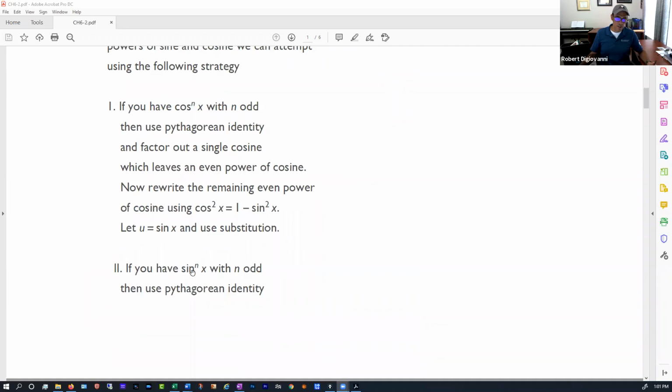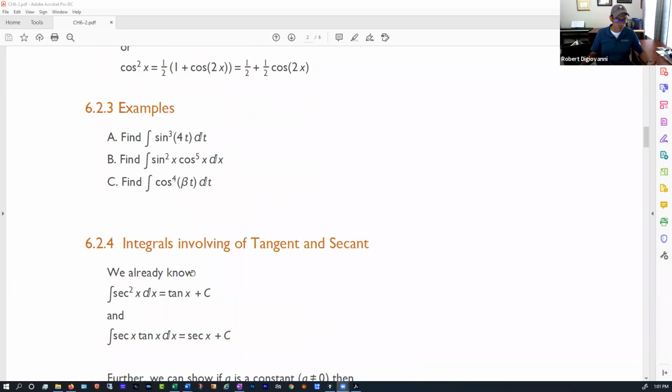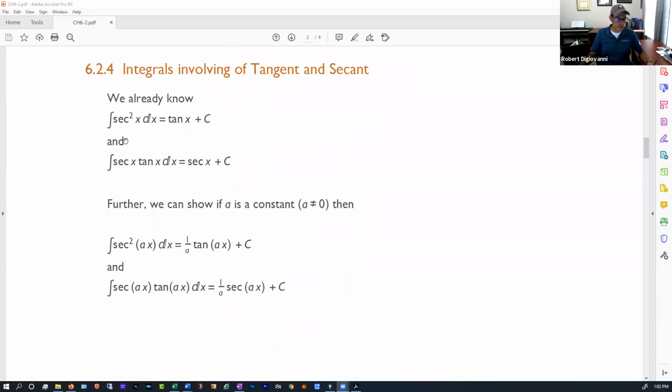Similarly, with secant and tangent, we need to be familiar with the fact that the antiderivative of secant squared x dx is tangent, and that the antiderivative of secant x tangent x is secant x. So we need to have that knowledge going into this. Is everyone clear on that?